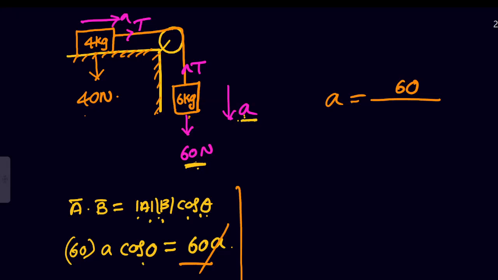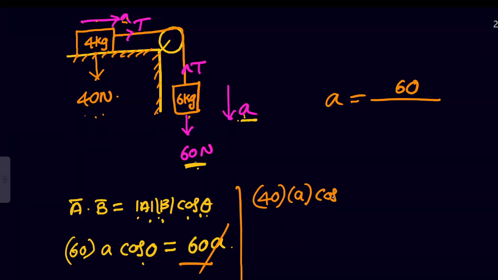Right. Now look here. What we are finding is the acceleration. Acceleration and these forces, we should find the dot product. So tell me what is the dot product between these two? 40 into A into cos theta. What is the direction of the acceleration? X direction. And this force is in the y direction. Now the angle is how much?